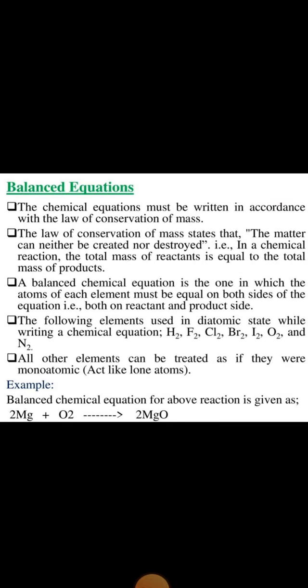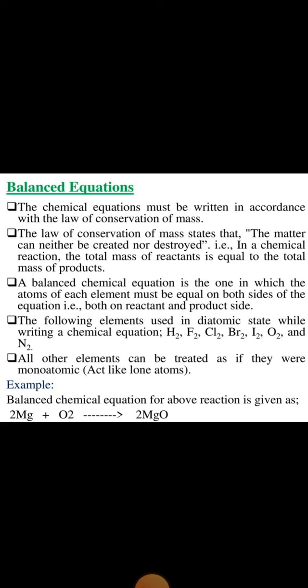Now the third is your balanced equation. This is termed a complete equation. The balanced equation is always written according to the law of conservation of mass. This you already know. According to the law of conservation of mass, matter can neither be created nor destroyed.